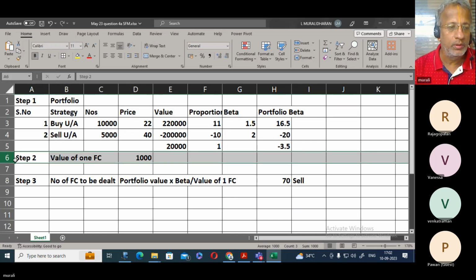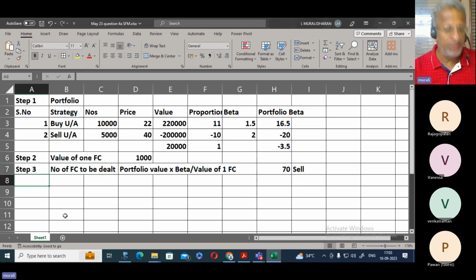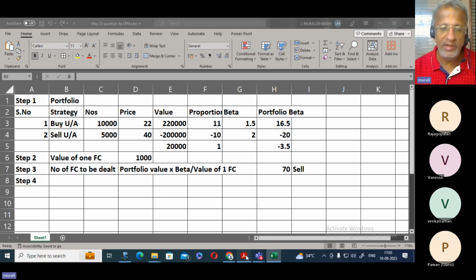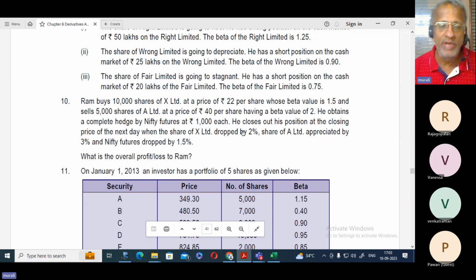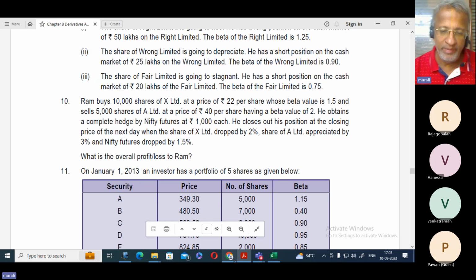Now, what are we expected to do at maturity? They have indicated that on the day of maturity, the closing price of X Limited is dropping by 2%, A Limited is appreciating by 3%, and Nifty futures are dropping by 1.5%.